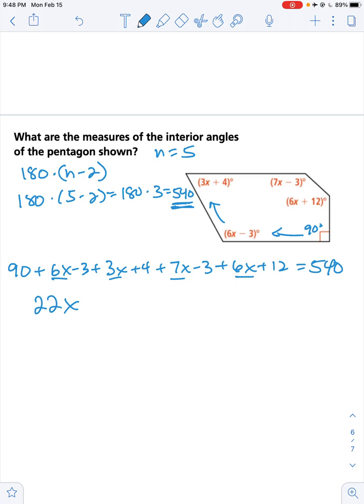So that's 12, that's 10, yeah, 22, okay. And then my numbers, I have 90 minus 3 plus 4. Actually, let's combine that. That would be 91. 91 plus 9 gives me 100.